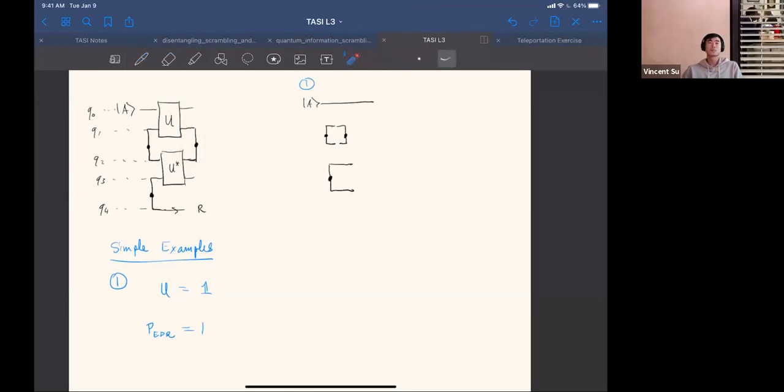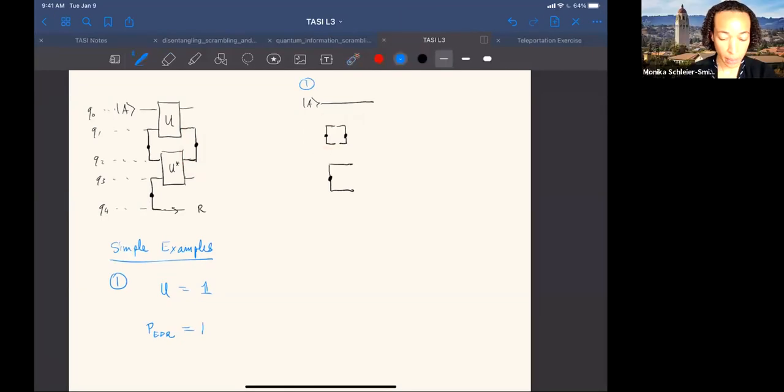So this succeeds with perfect probability. And now the fidelity. Let me write some notation. Let's say the input state, psi in, is going to be A cross, and I'm going to call this EPR state phi.